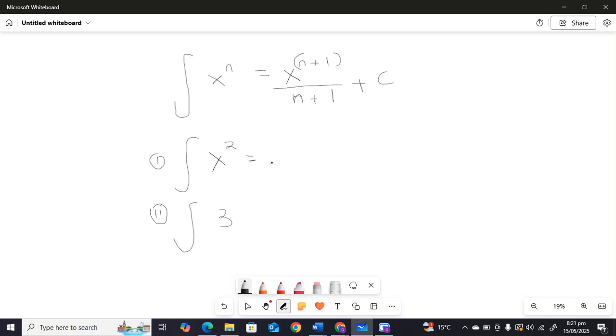Correct. Plus what? When there are no limits, always add plus c. C just represents that a constant will be made. It just represents a constant. So yes, x to the power 3 over 3 plus c. Colleagues, are we all okay with this? Any questions?